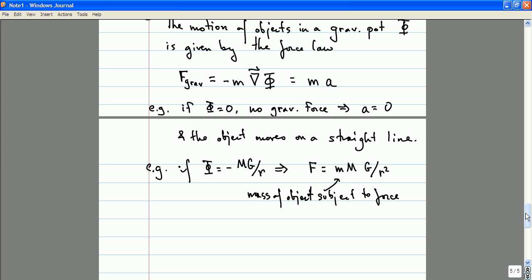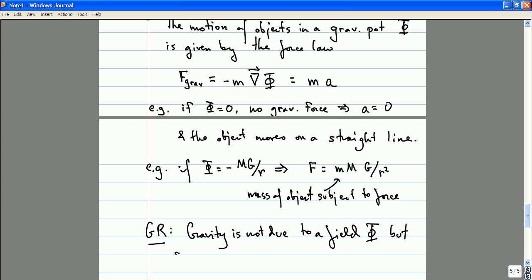And the statement of general relativity is basically the following. It is the statement that gravity is not due to a field phi, but rather to a property of space-time itself.